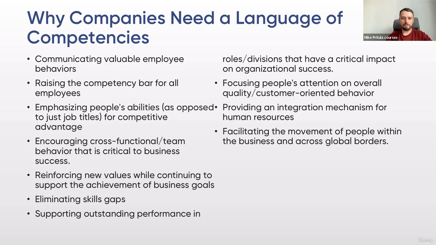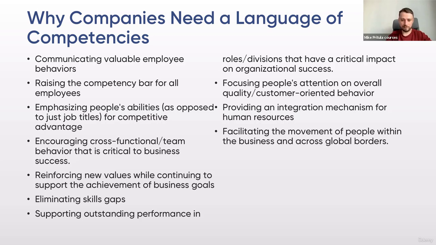Let's summarize. This helps us to recognize valuable employee behaviors, raise the competency bar for all employees. That is, when we update the model, we can thereby raise the bar. Emphasis on people's abilities, as opposed to just positions, for competitive advantage. Encouraging cross-functional team behavior critical to business success, reinforcing new values while continuing to support the achievement of business objectives.